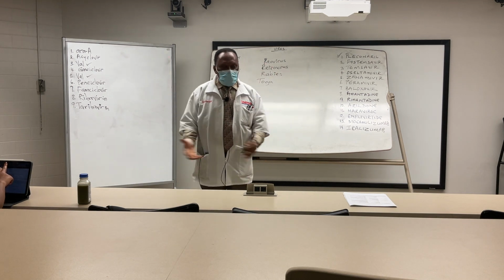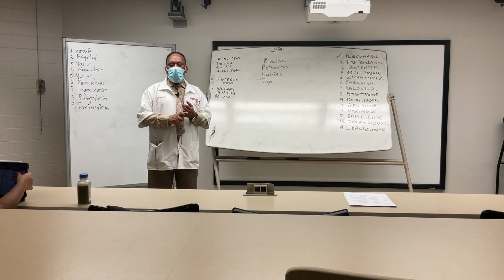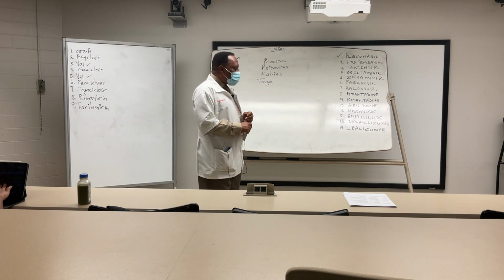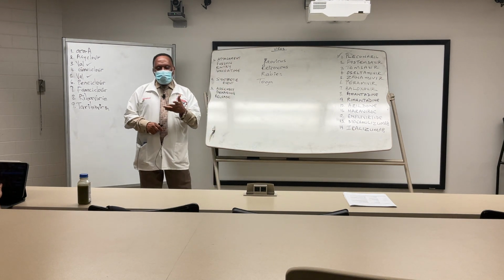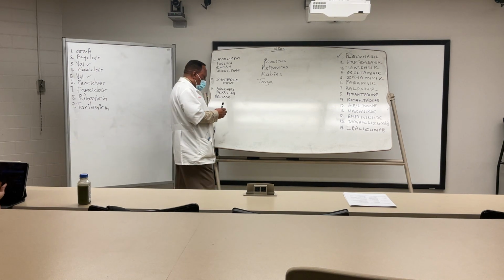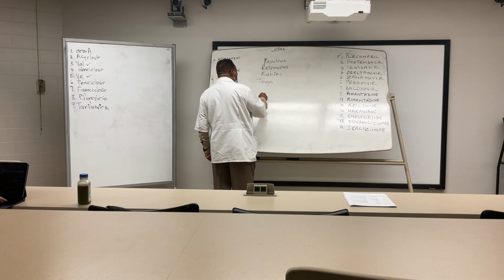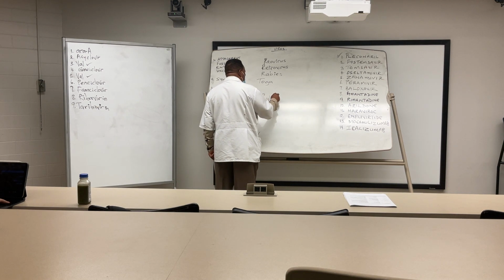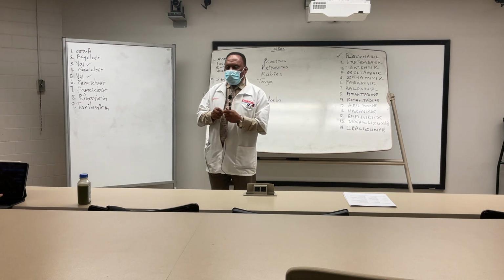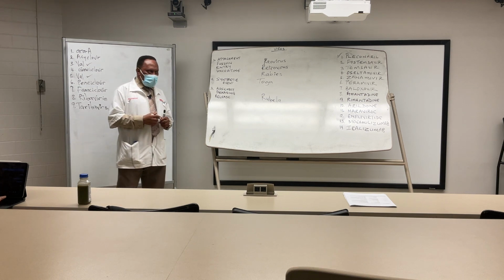Togaviridae is actually a large group that your arbovirus belongs to, and your encephalitis virus will be in there, and then your rubella virus. Okay. The rubella virus that causes German measles.